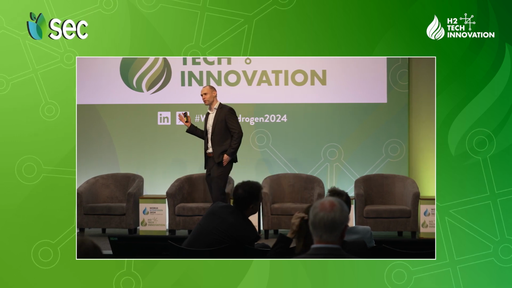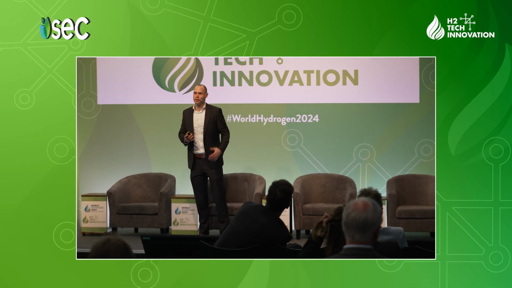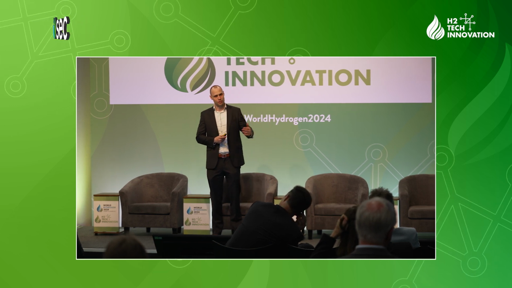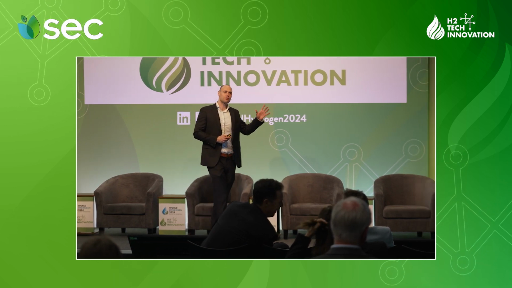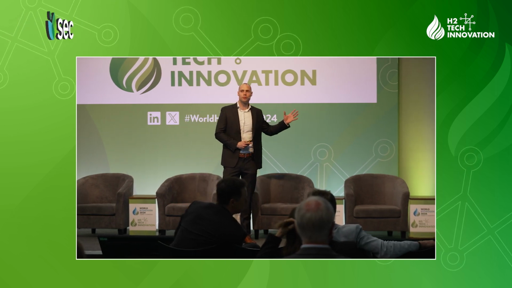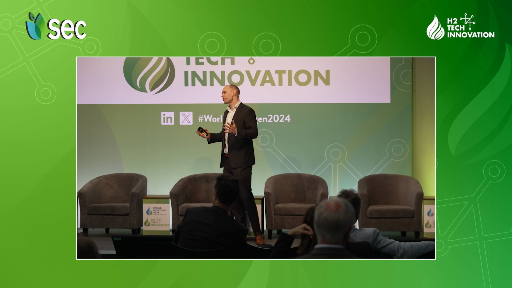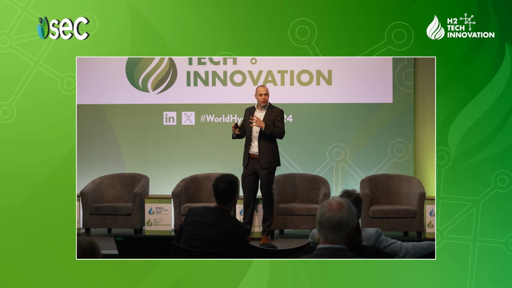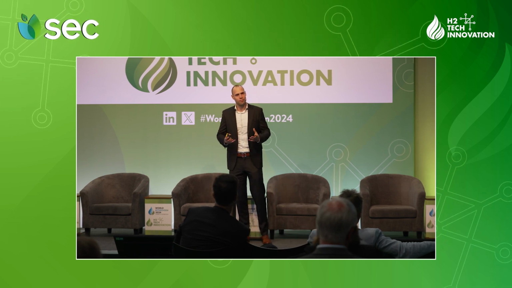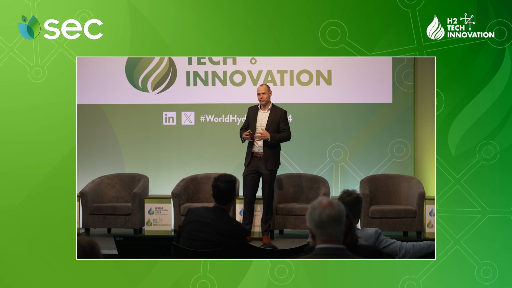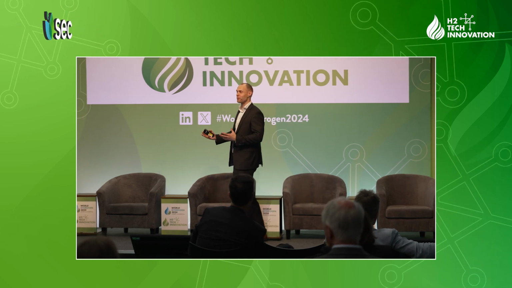Now, an interesting example here is from Toyota. So they use our simulation software to accelerate the development of their fuel cells. In this case, the question was about the shape of the fuel cell flow plate. And it's not such an easy question. There's a lot of different geometries that you can look at. And of course, you can build 500 prototypes, but it takes a lot of time and it's very expensive.